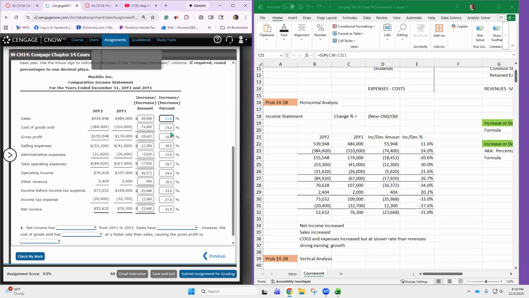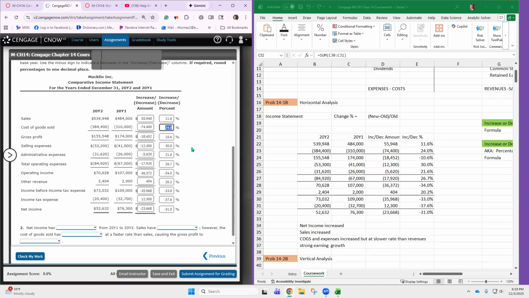But what's weird about this horizontal analysis is we had an increase of sales of 11.6, and oh my gosh, our costs went up 24%. Our costs, if they're keeping pace with our sales, should go up pretty close to that. Well, our costs are more than double what our sales went up. So the amount we're paying for costs has gone up, even though we sold more.